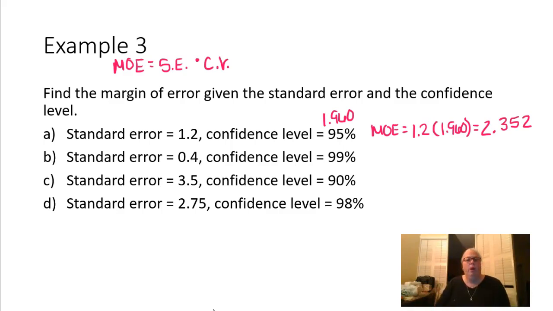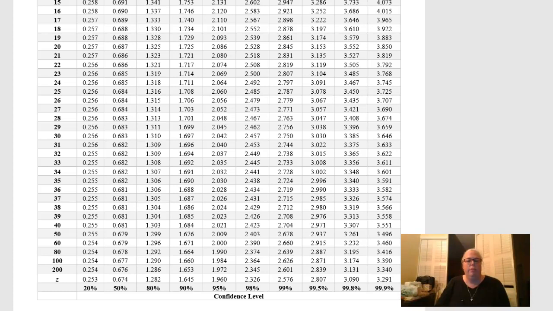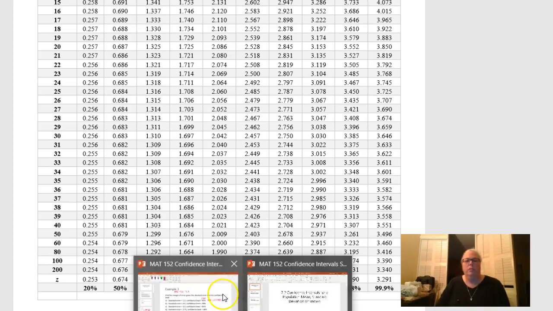All right, part B, the standard error is 0.4. Our confidence level is 99%. Let's pull up table A3. We're going to look down here on the Z line. 99%, right there it is. The critical value, 2.576.